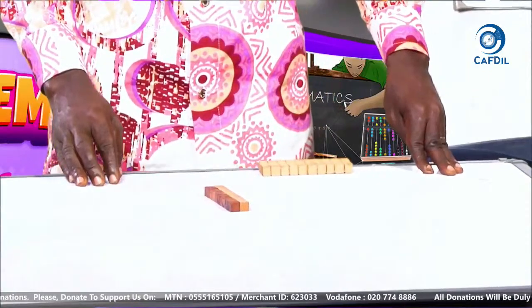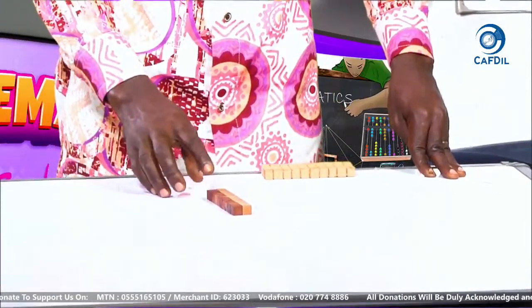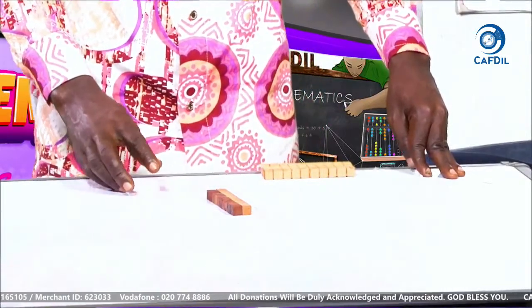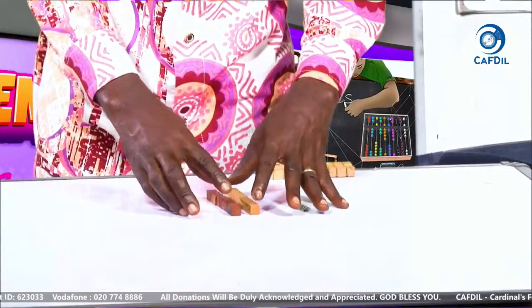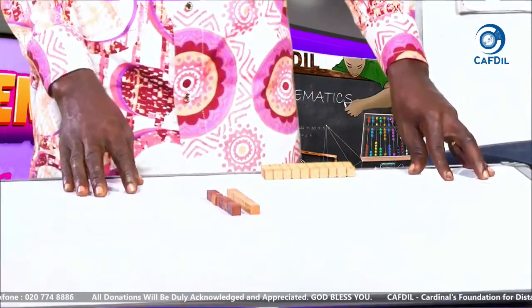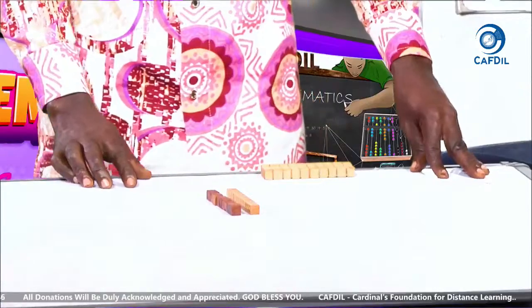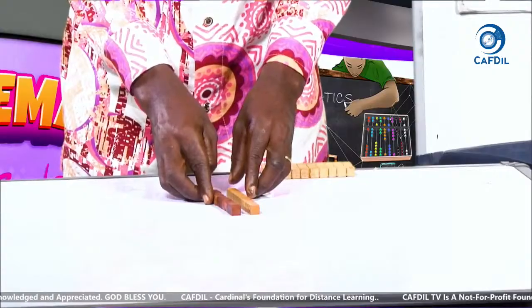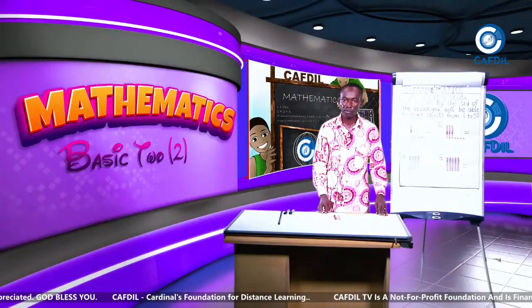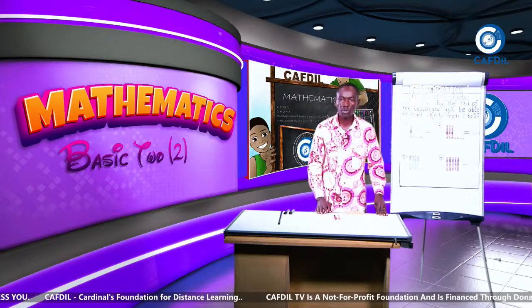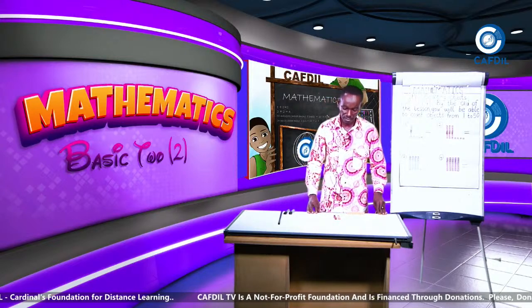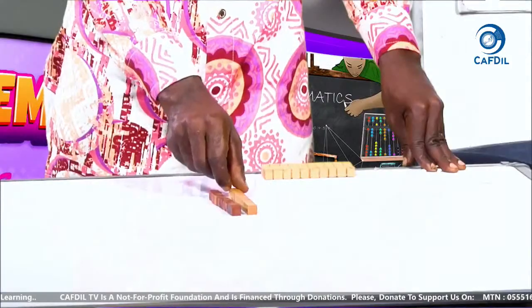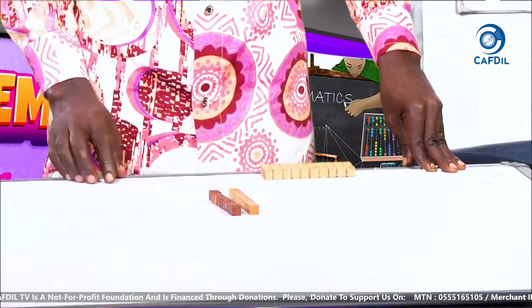Learners, let me ask this. How many of the cubes give us one long? Ten cubes. Well done. 10 cubes shows one long.